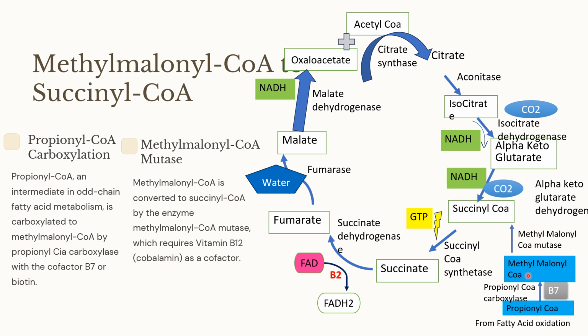Methyl malonyl CoA, with the help of methyl malonyl CoA mutase, will form succinyl CoA. For this methyl malonyl CoA mutase, we require vitamin B12 as the cofactor. For carboxylase, we have B7, that is biotin, but for this, we need B12. So this is important to understand the further deficiency of cobalamin.